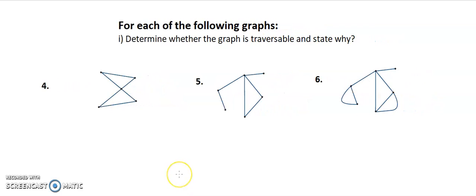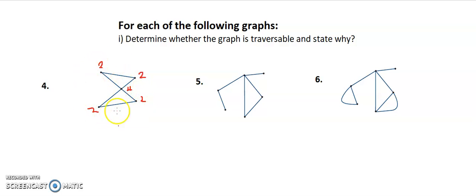Let's move on to a few questions. Again, have a go with these yourself. I always think about the rules to help me out. So every single time I list the amount of degrees I have. In this case, I've got 2, I've got 2, I've got 4, 2, and 2.